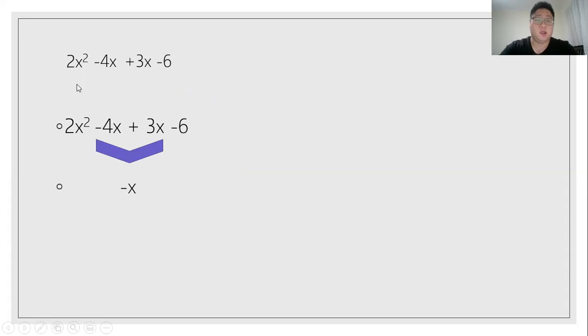And we are only collecting the like terms of these two here, because they are the only like terms that we have. So minus 4x plus 3x will give us minus x. So we are going to write 1, 2, and 3 terms out again. So 2x squared, minus x, and minus 6. And that is our answer.